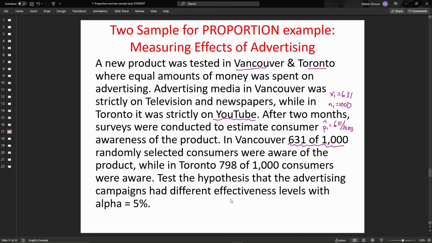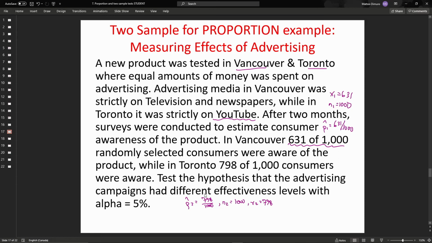But in Toronto, the cool cats with their cool city, it was 798 over 1,000. So we have an n2 of 1,000 and an x2 of 798. Test the hypothesis that the advertising campaigns had different effectiveness levels with an alpha of 5%.